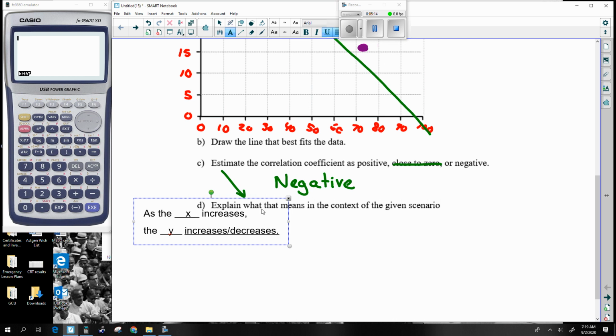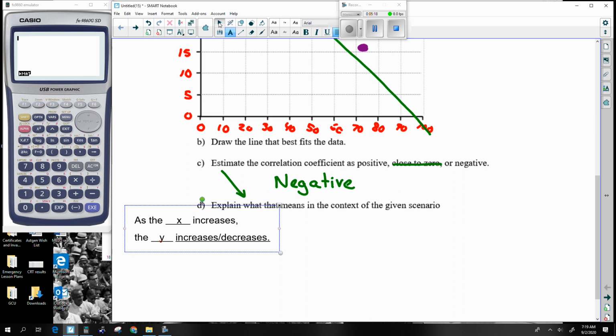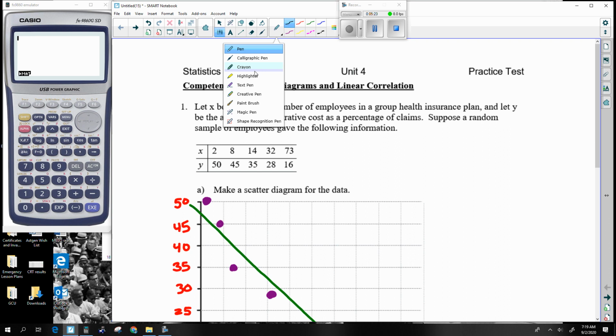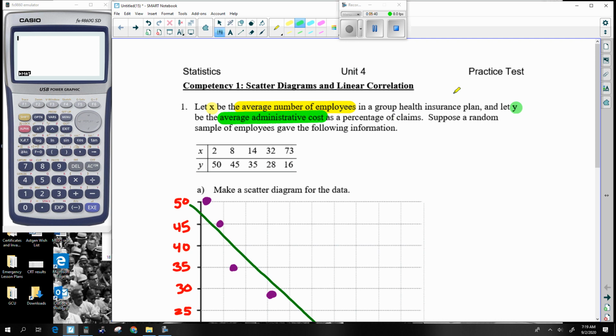Okay. What the x and y are in the writing prompt, the x and y are the context of the scenario. So if I take a look here, looking at the context of the scenario, x is the average number of employees, and y is the average administrative cost, or percentage of claims, something in that ballpark.